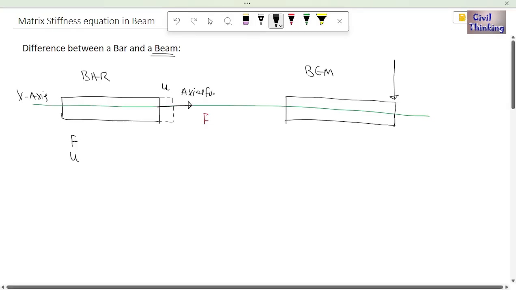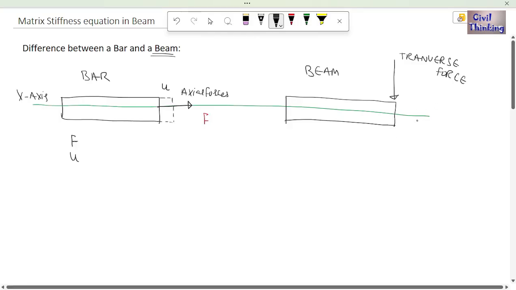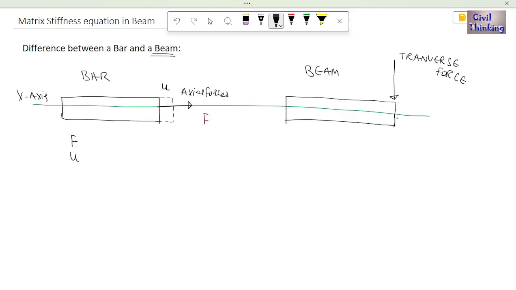Axial forces. And in a beam we have transverse force. So what is a transverse force? A transverse force is perpendicular, normal to the centroidal axis, the axis along the span of a beam or a bar.